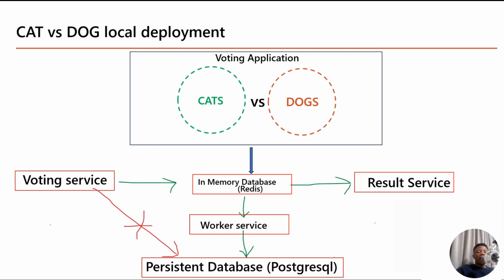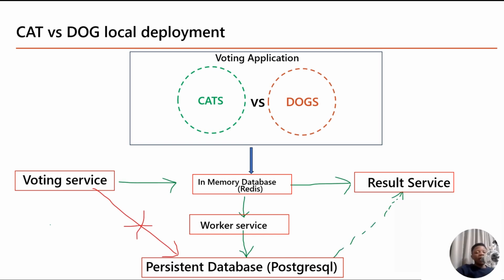So the result app then fetches the votes cast from the in-memory database and displays them on the result service. Okay? The result service can also fetch the votes cast from the persistent database.